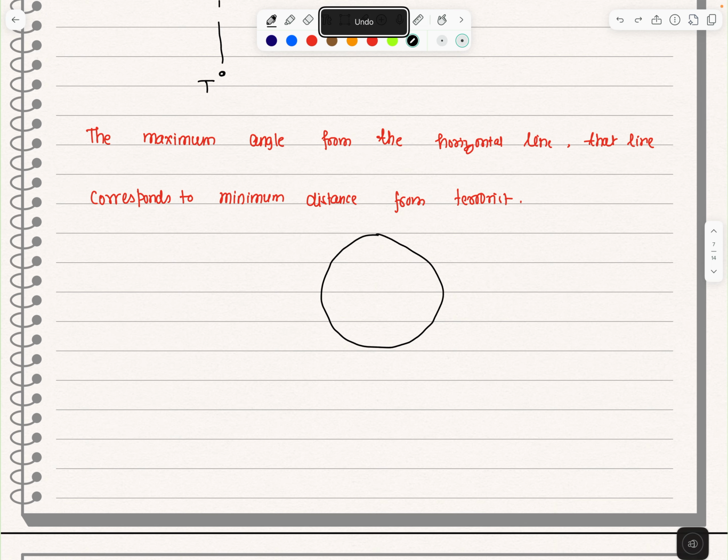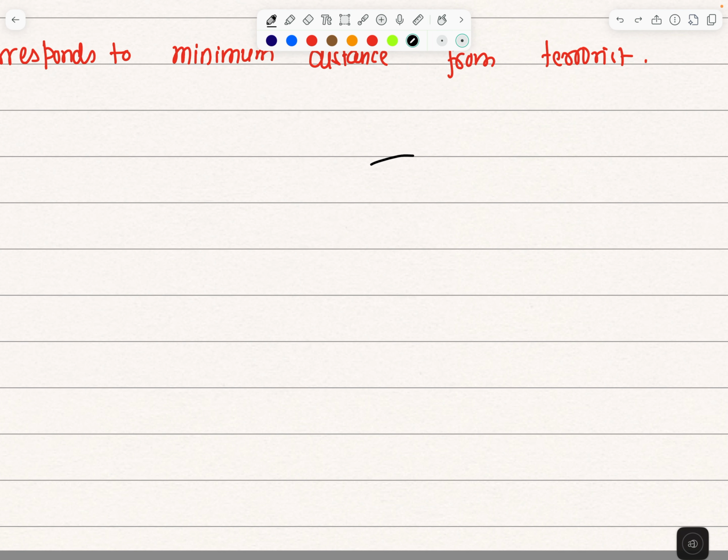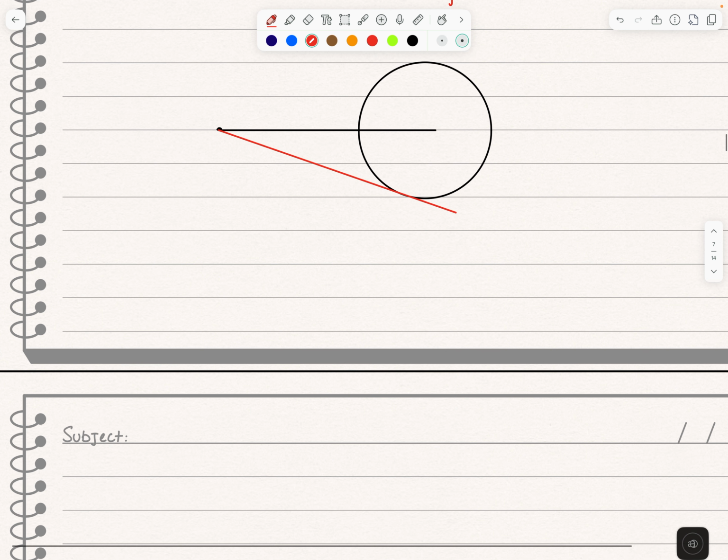The circle did not come out well, let's draw the circle again. This is the tangent line. And here was the terrorist.